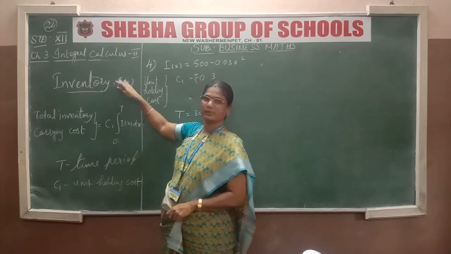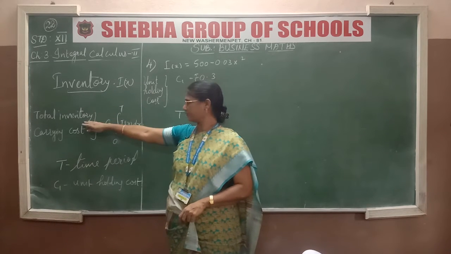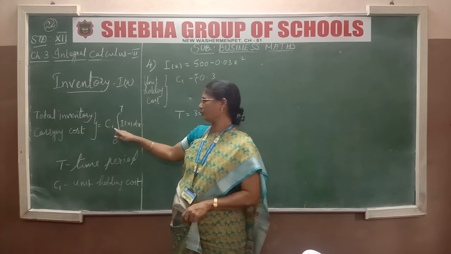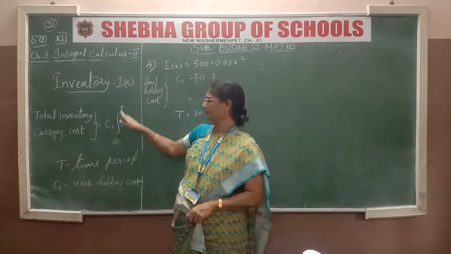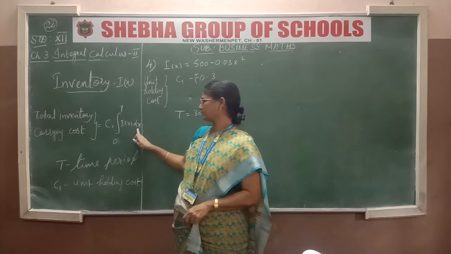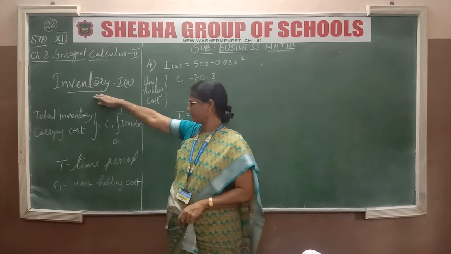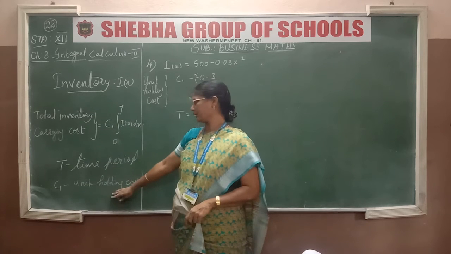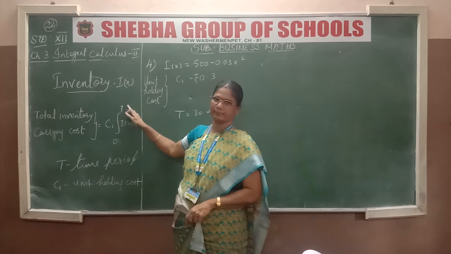Our next formula is inventory. Inventory is denoted by I of x, and the total inventory carrying cost equal to C1 into integral 0 to T, I of x into dx. Here I of x is inventory, C1 is the unit holding cost, and T is the time period.